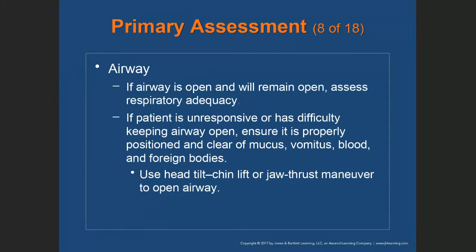Airway, if airway is open and will remain open, assess respiratory adequacy. If the patient is unresponsive or has difficulty keeping airway open, ensure it is properly positioned, clear of mucus, vomitus, blood, and foreign bodies. You will use the head tilt, chin lift, or jaw thrust maneuver or modified techniques.